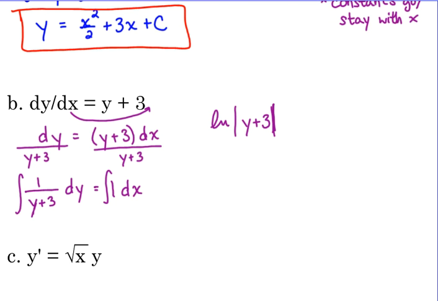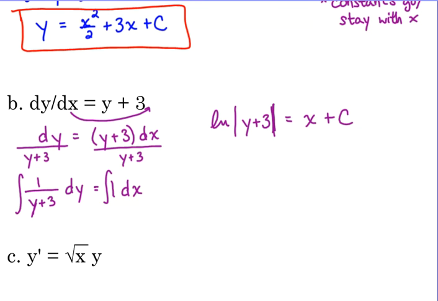But if for some reason that was 2y or something like that, or even if it was negative y, because the derivative of that would be something other than 1, you would have to look at it as a u substitution problem. The antiderivative of 1 with respect to x is an x, and like I said, we're always going to put the plus c on that side with the x.